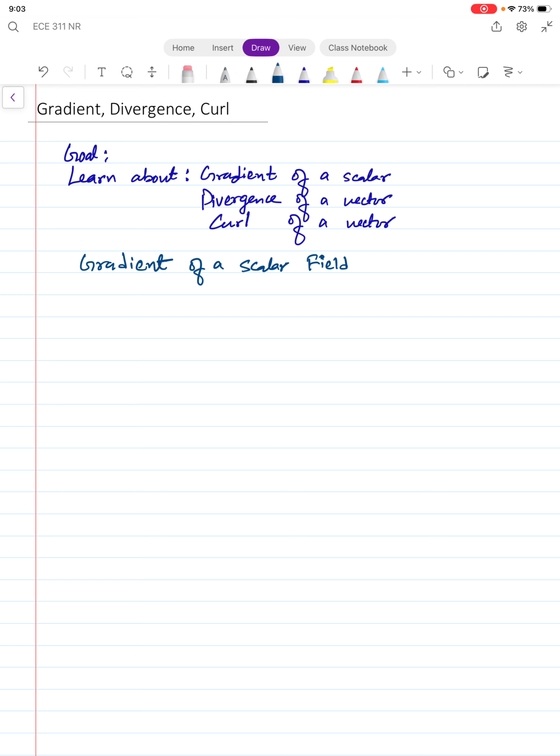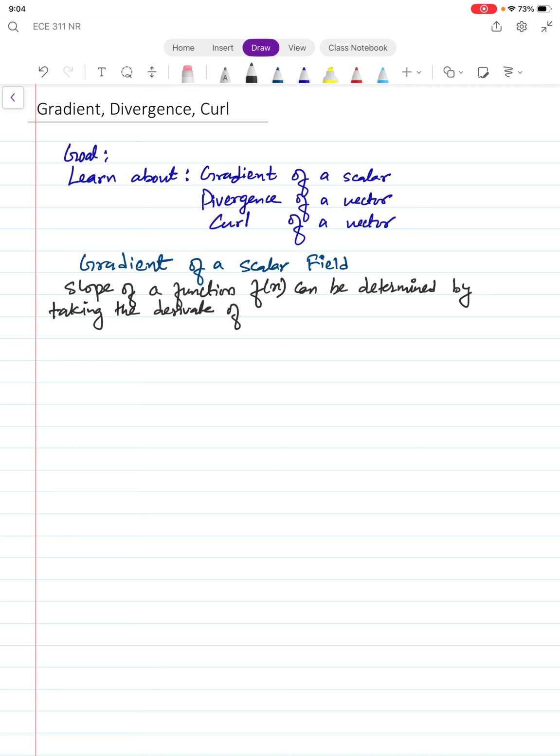Okay, before we talk about gradient, let us recall that the slope of a function f(x) can be determined by taking the derivative of the function, of course with respect to x.